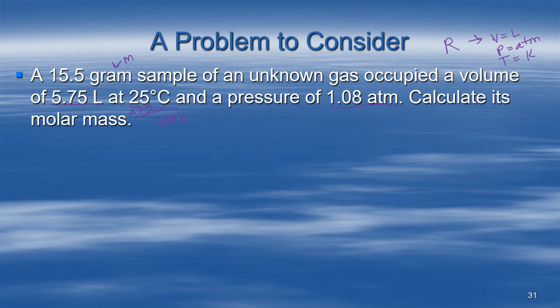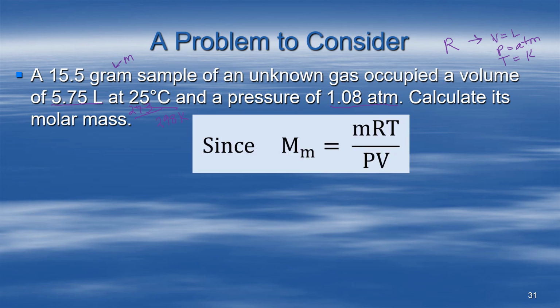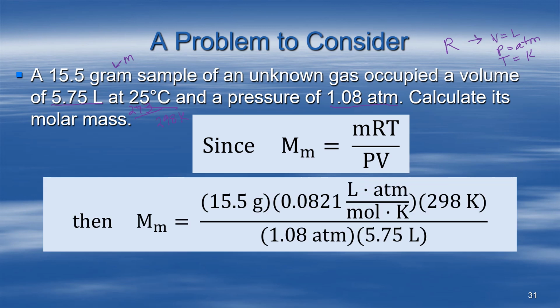We want to know its molar mass. We use this equation and plug in the mass, 15.5 grams, R, 0.0821, temperature, 298 Kelvin, the pressure, 1.08 atmospheres, and the volume, 5.75 liters. Let's see what happens to the units.